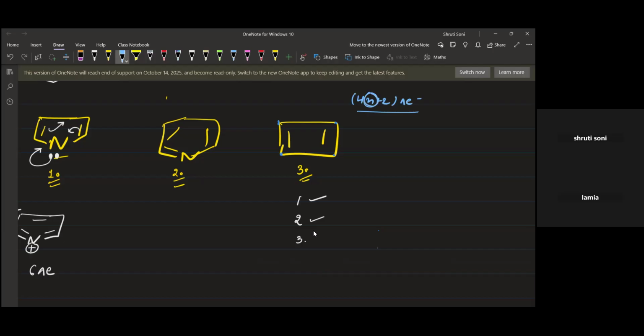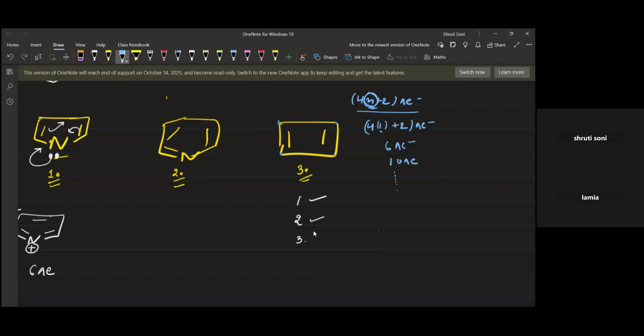So in case n is equal to 1, how many pi electrons will there be? 6 pi electrons. And if n is 2, then it will be 10 pi electrons, and so on.